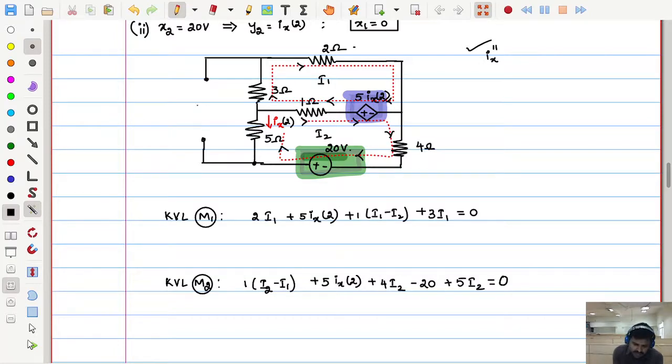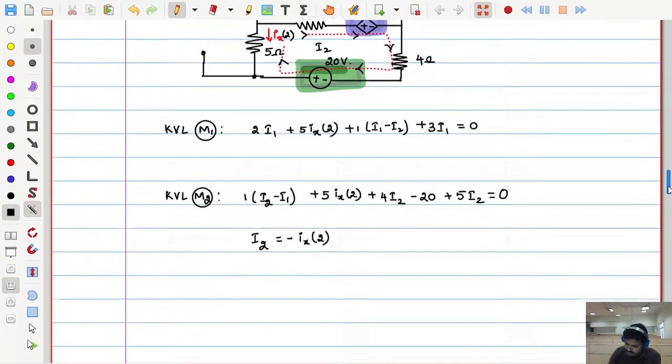Now, because we made the current source 0, we got an interesting fact here: we are getting I2 is equal to Ix. What is this 5 ohm branch current? Ix. What is the current passing through this 5 ohms? As per our assumption, I2. But the I2 direction is opposite to Ix, so I will be taking this as minus.